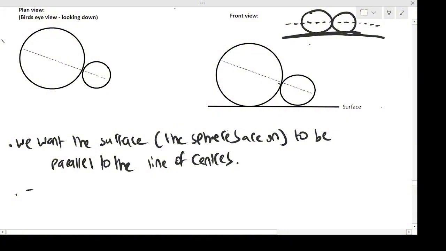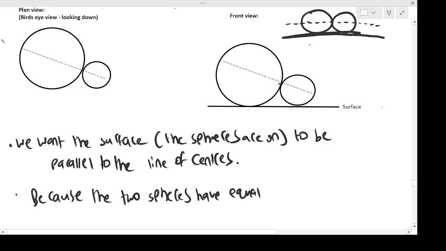So therefore, because the two spheres have equal radii, the line of centres is parallel to the surface they're on.